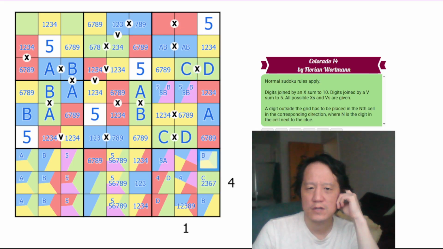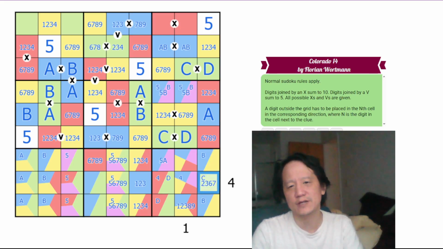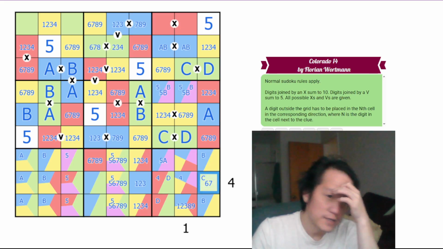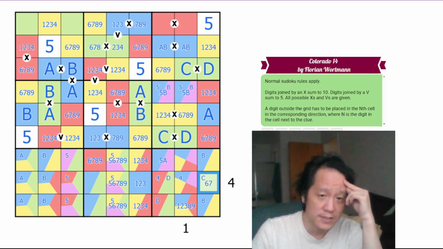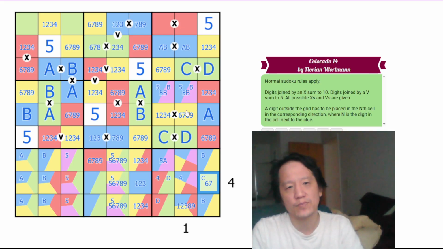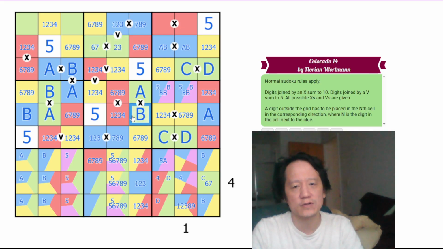So we've shown this cannot be 2 or 3. Therefore, C is 6 or 7. So green has to be 6 or 7. That's not 3 or 4 with that.